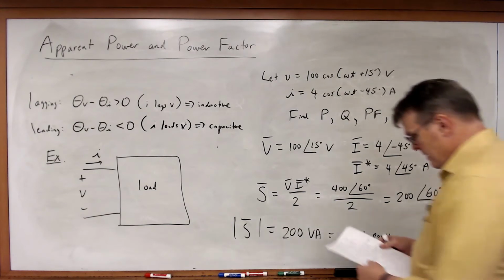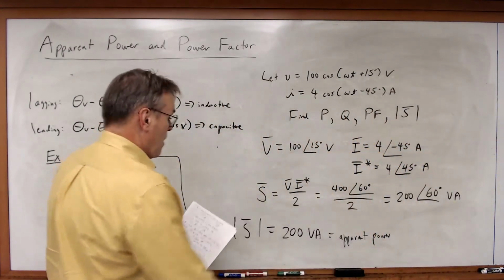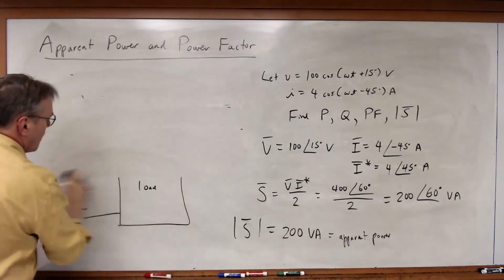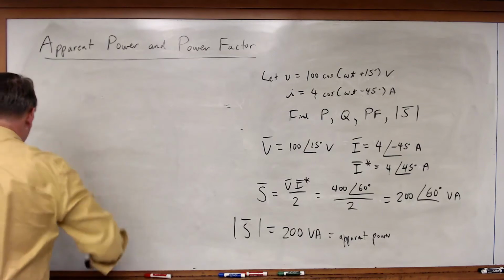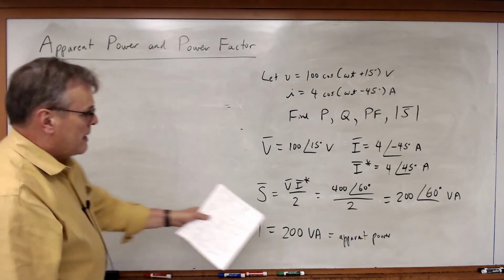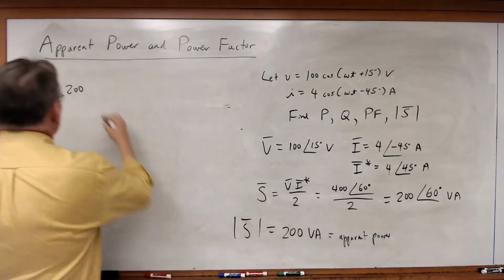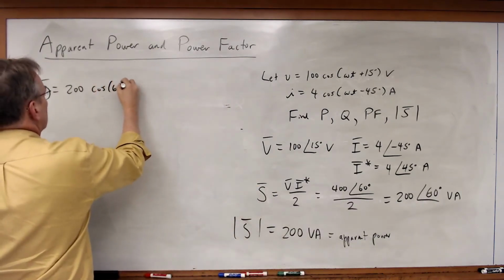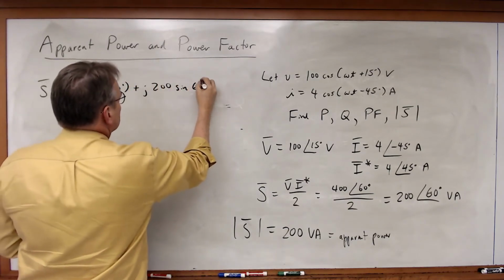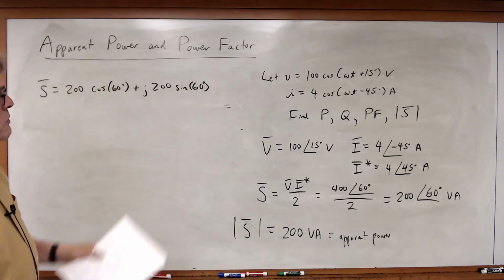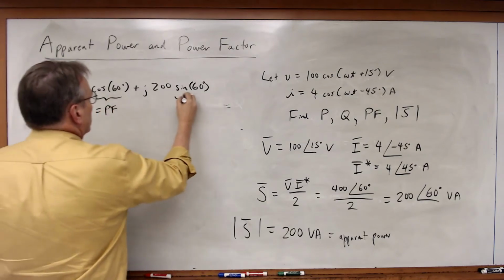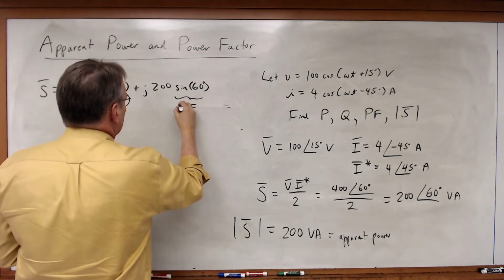In addition, S is now equal to 200 times cosine 60 degrees plus j times 200 times sine 60 degrees. So I'm just converting this to rectangular form. This is my real part, and this is my reactive part.